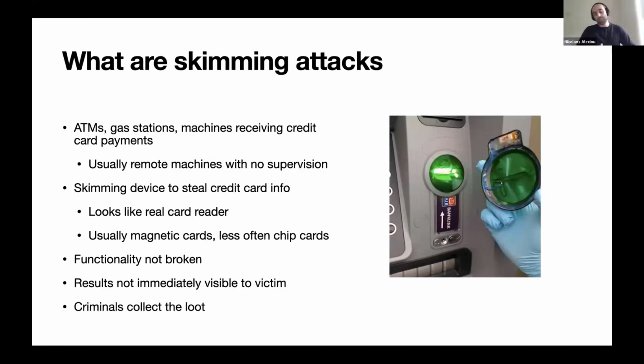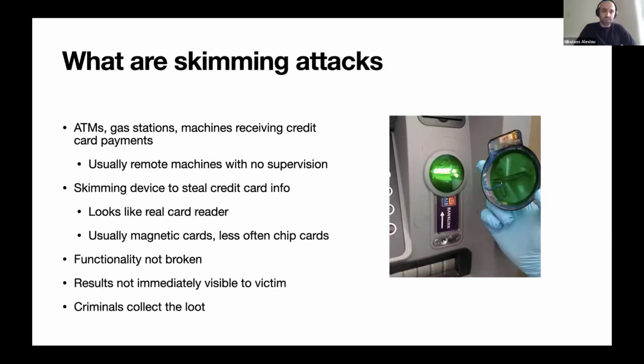The criminal will usually place a digital device on top of the actual receiver of the credit card. This is called the skimmer. They target the magnetic stripe of your credit card, copy the data, and store it locally on the skimming device. That's the standard type of attack.